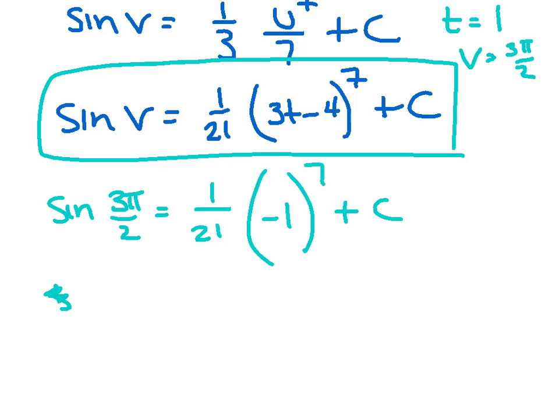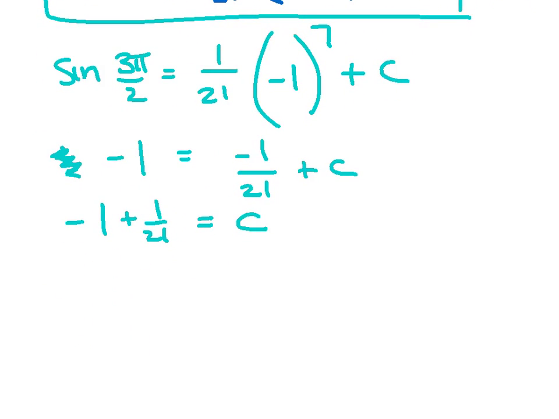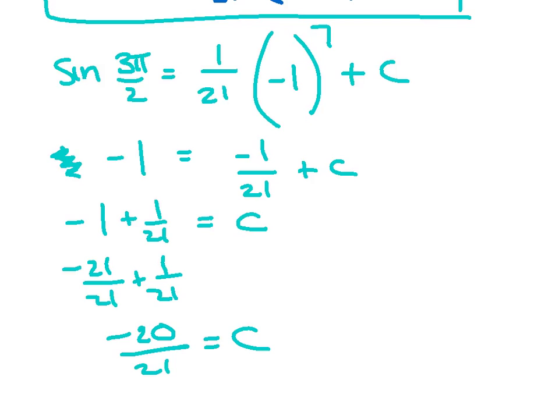The sine of 3 pi over 2, so picture your sine graph, gets me negative 1 equals negative 1 over 21 plus c. I'm going to add over my 1 over 21. For quick math, negative 21 over 21 plus 1 over 21 gets me negative 20 over 21 equals c.